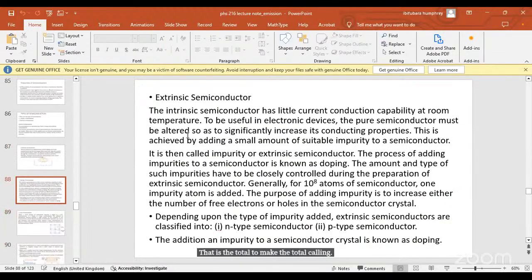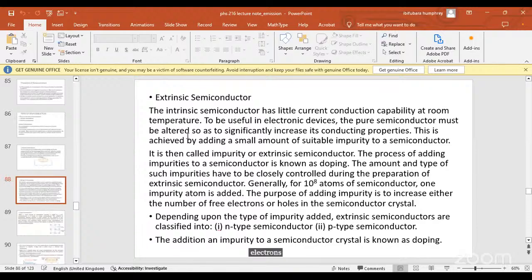Now, an extrinsic semiconductor is formed when we add impurities, like I mentioned before, group 3 elements and group 5 elements. Remember, group 3 elements have 3 outer shell electrons, and group 5 elements have 5 outer shell electrons. Semiconductors have 4 electrons.